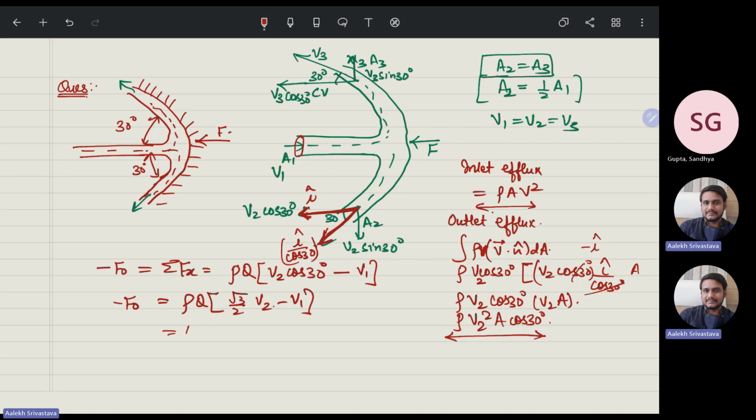So it is something like rho Q into root 3 minus 1 by 2 into V1. So this is the force that is acting on the vane. In this way you can solve the question.